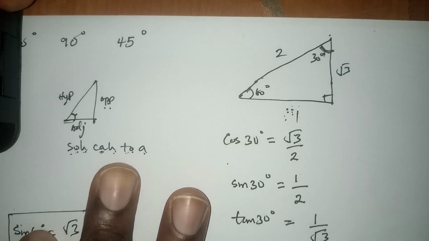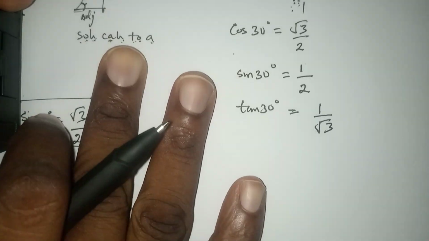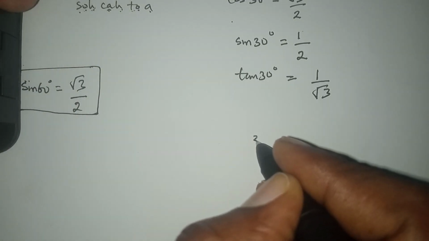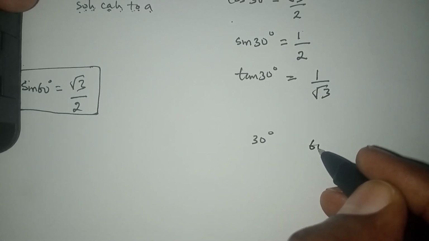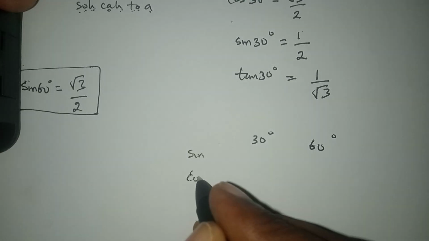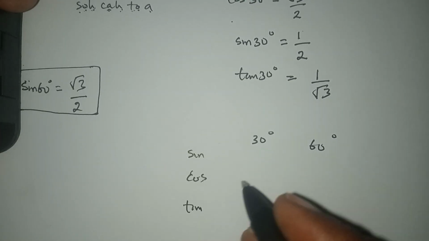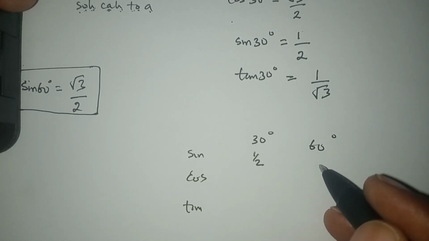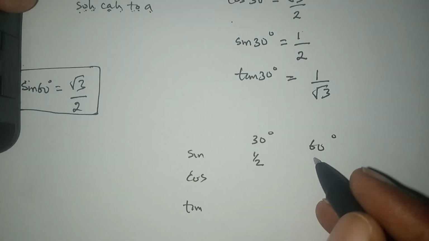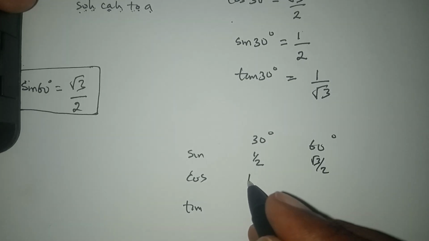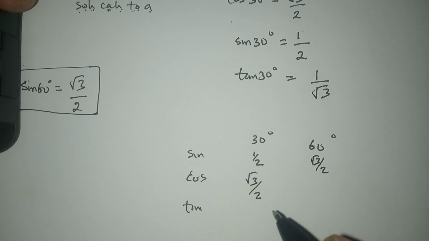So now let's draw a table and connect all of them together. All right. So we have 30 degrees, 60 degrees. So we have sine, cos, and tan. So what is sine 30? 1 over 2. Sine 60, root 3 over 2. Cos 30, root 3 over 2.